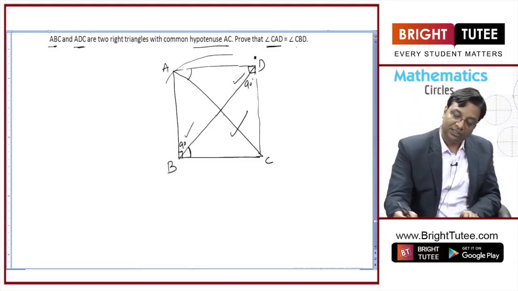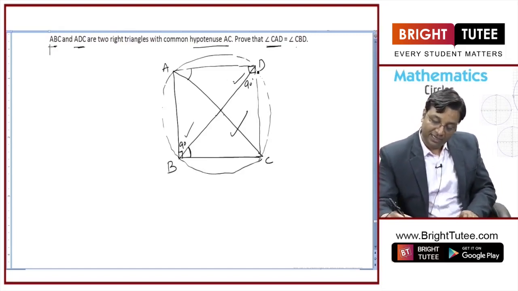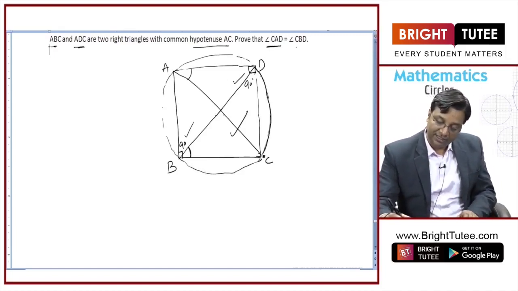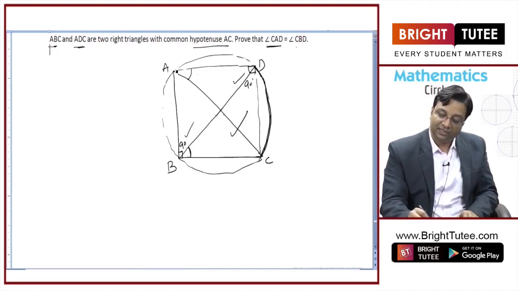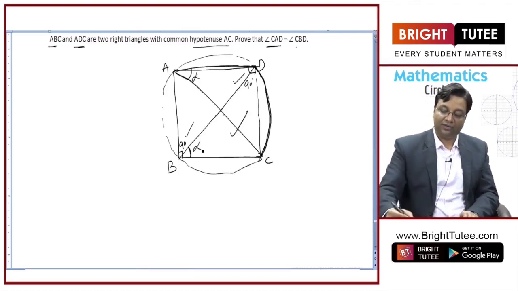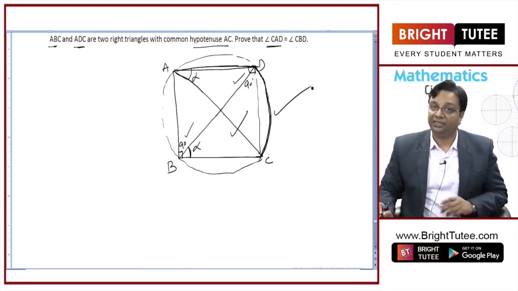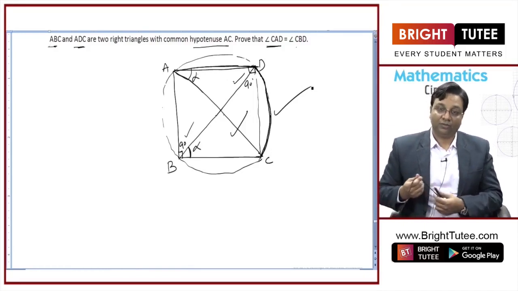So, if I draw a circle, it will pass through A, B, C and D. And if A, B, C and D are concyclic, then I can talk about this arc CD. It subtends an angle, this angle at the circle. If this is alpha, this angle will also be alpha, because it is also an angle subtended by the same arc in the same segment of the circle. I hope you have understood how we will go about this proof.